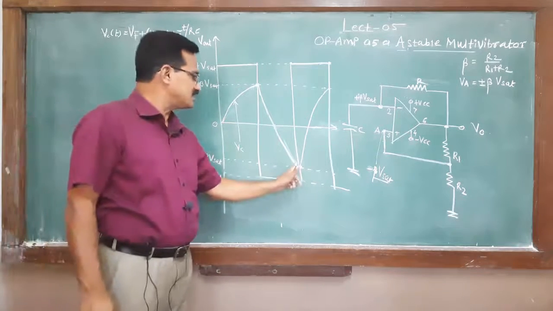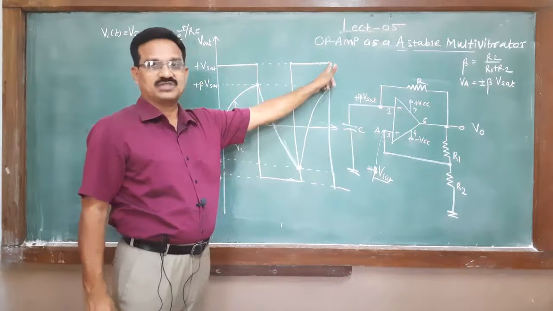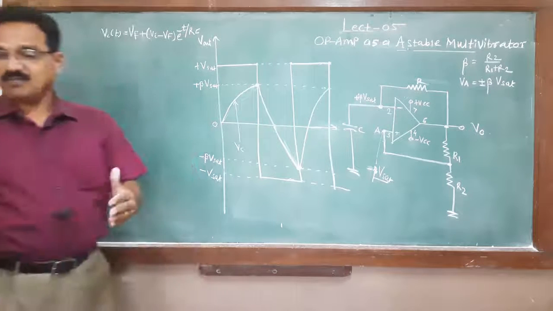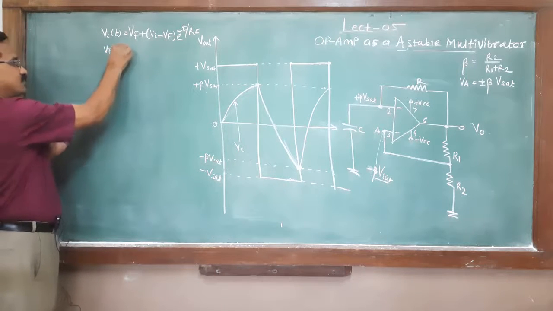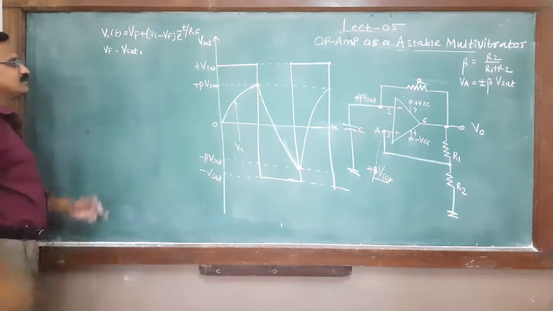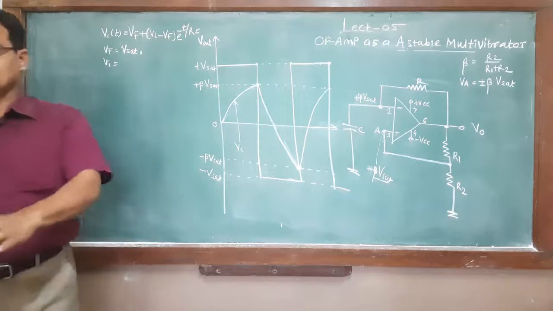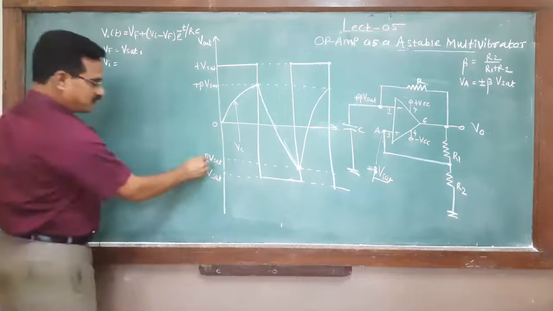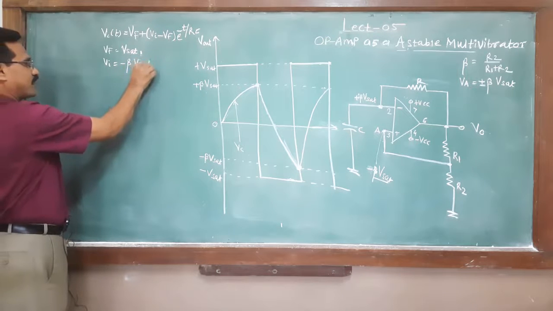It starts from this and starts to charge. But what is the final voltage? V saturation. If we take Vf equal to V saturation, what is the value of Vi? It starts from minus beta V saturation.